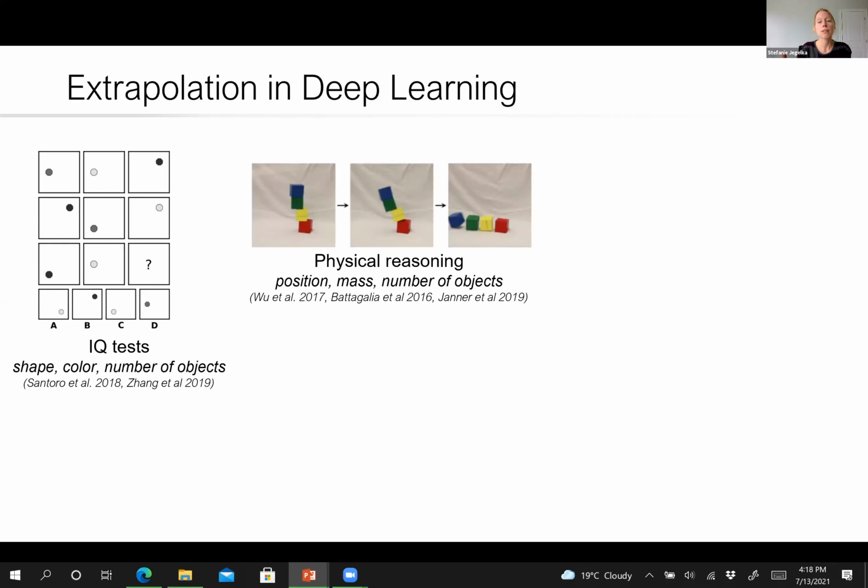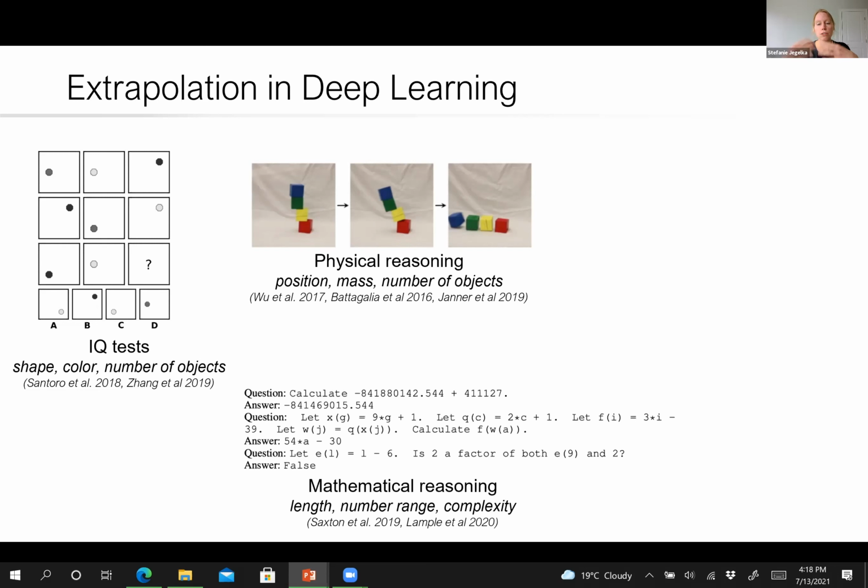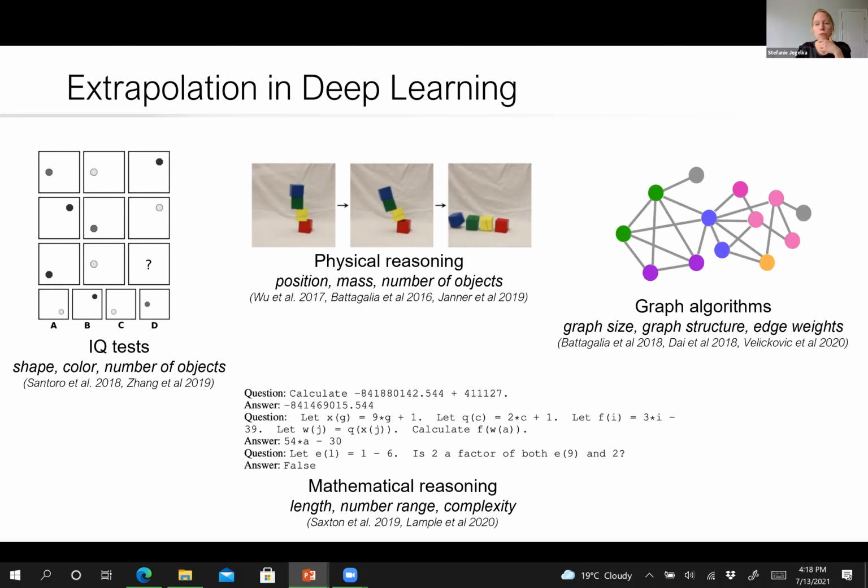When you look at physical reasoning tasks, you may want to extrapolate the position of the items, the mass, or the number of objects, for example, when you want to forecast what's happening next. There are questions in mathematical reasoning where you look at the length or the number range of the questions that are posed. And what we'll be interested in is learning graph algorithms.